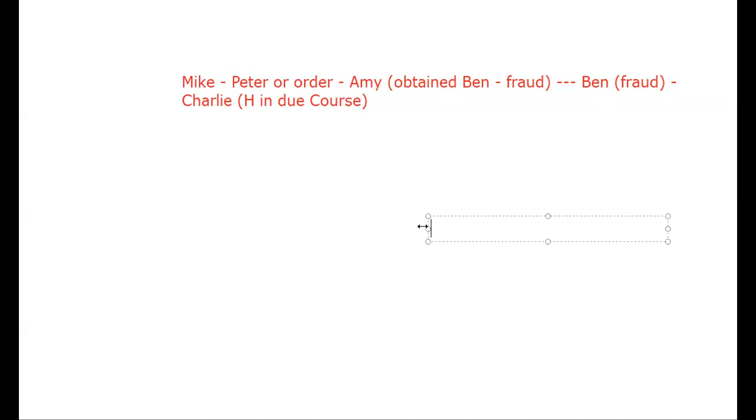Clean slate. So even if there is a defect in the title, there is a defect in that instrument, you are holding that instrument free from any defect. Even if the title of Ben is defective because he obtained that because of fraud, it is as if you are holding that instrument free from that defect of title of Ben. You have clean slate. Malinis yung document, yung instrumento na hinahawakan mo.